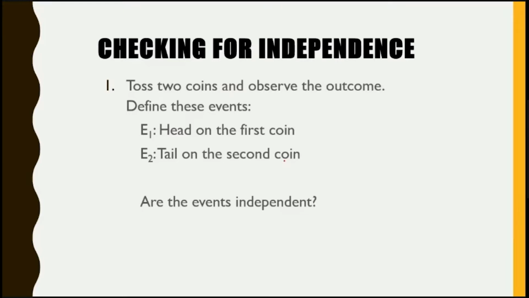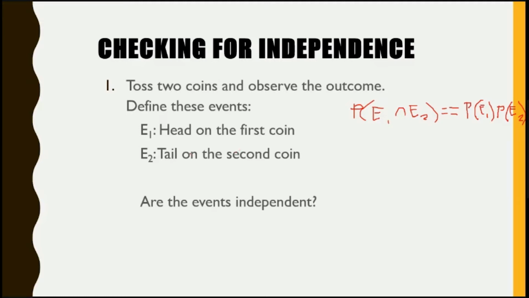So using our definition or test earlier, the probability of the intersection of two events, E sub 1 and E sub 2, these events are independent if the result is equal to the probability of E sub 1 multiplied by the probability of E sub 2.